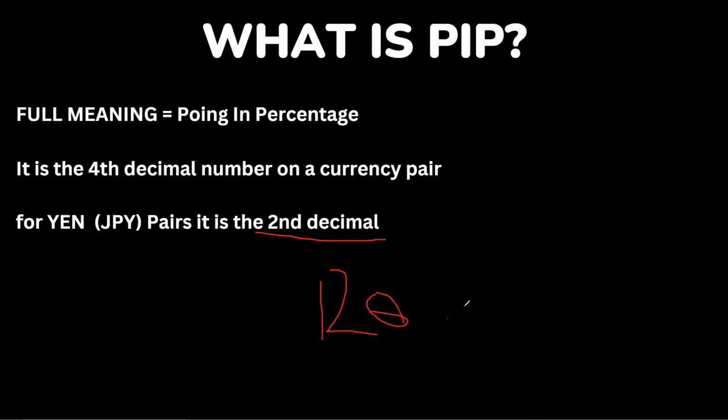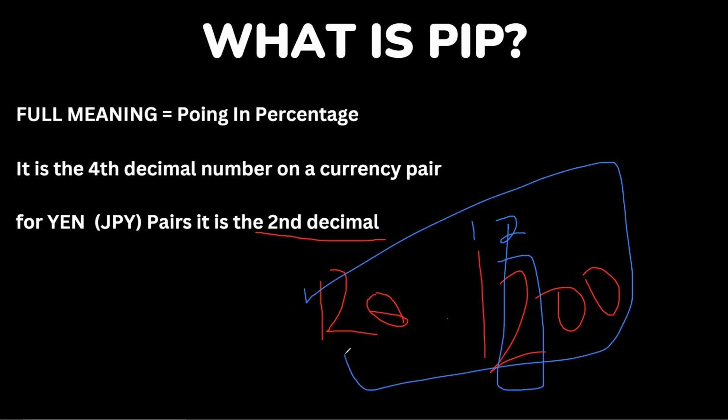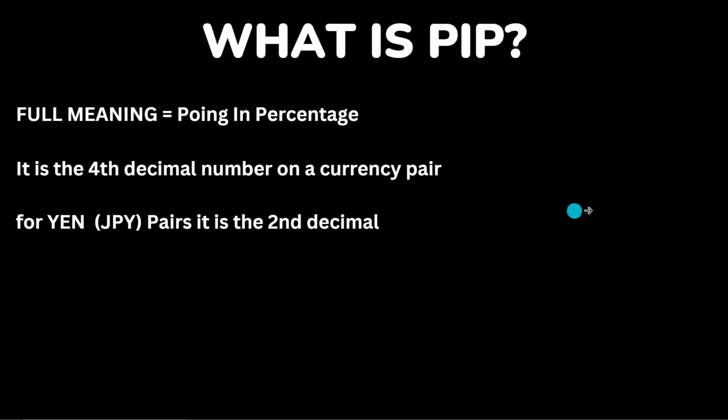So 120 points is, let's say, 1, 2, 0, 0. The pip value here is the second decimal, so this is 1 and this is 2. This is your pip value, right? If you want to calculate your pip, you basically minus this from whatever price you want to calculate it from. So that's basically how pips work.